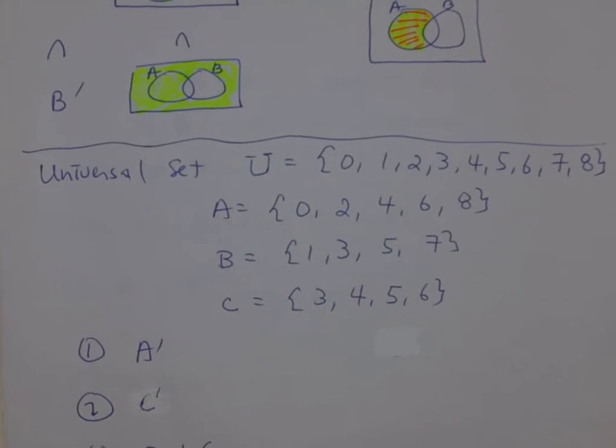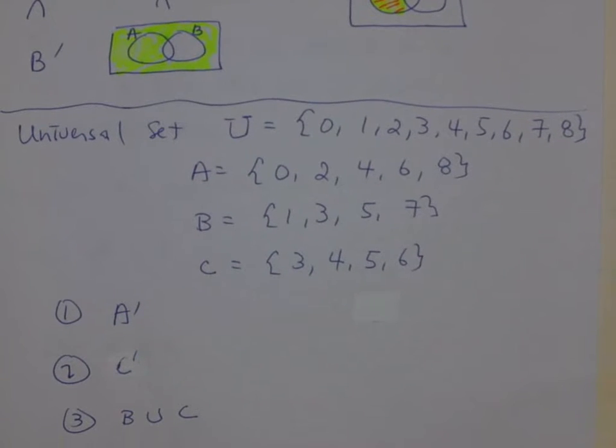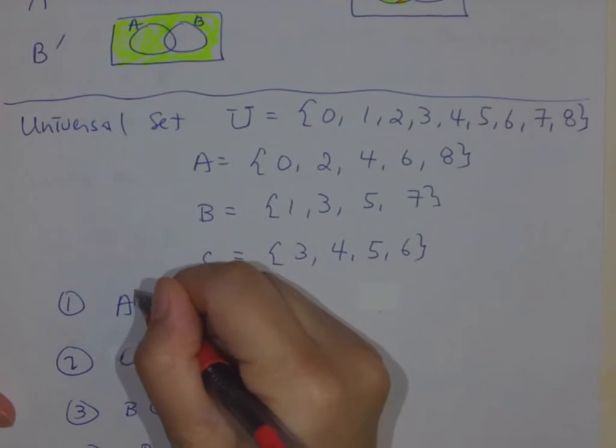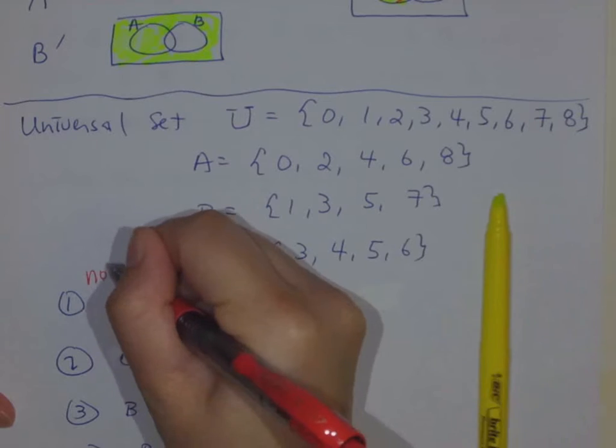And then next, we want you to write down the question first, and we're going to do some set operations, okay? So pause the video and write it down. Okay, once you're ready, the first one with the apostrophe, this means not A, right?